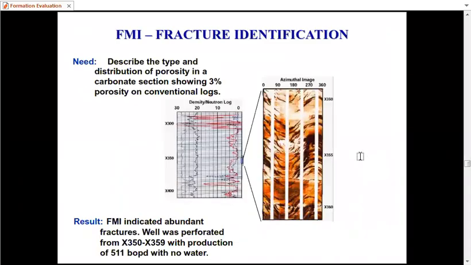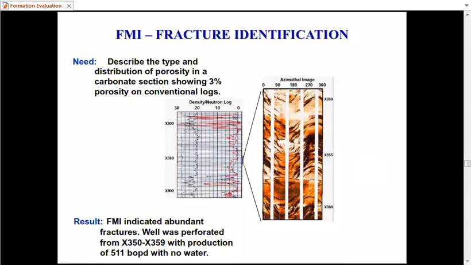So one of the major types of log is the FMI, or fracture identification tool. This tool describes the type and the distribution of porosity in a carbonate section showing 3% porosity on conventional logs.